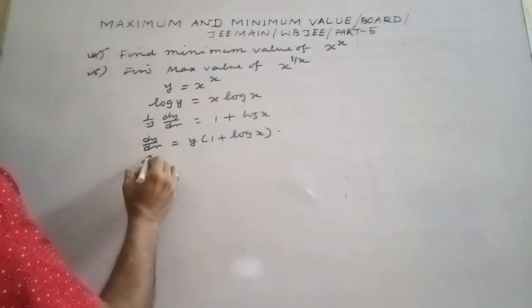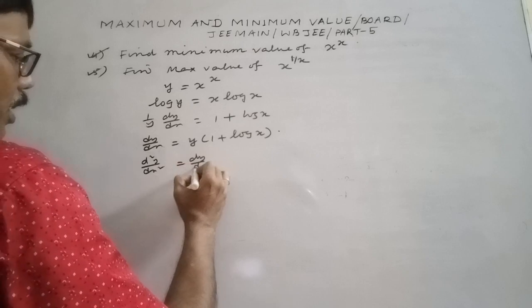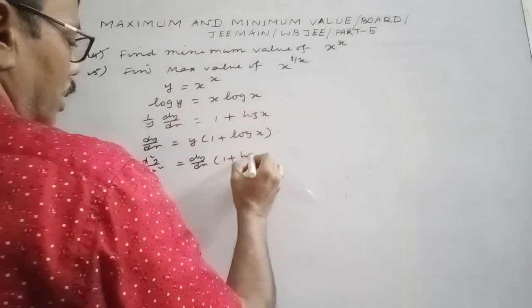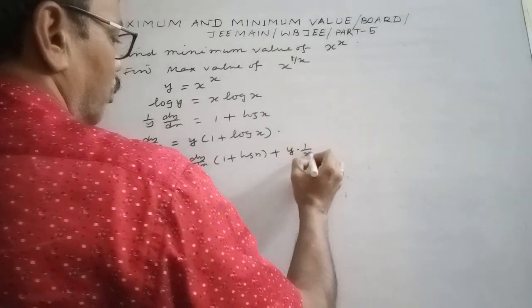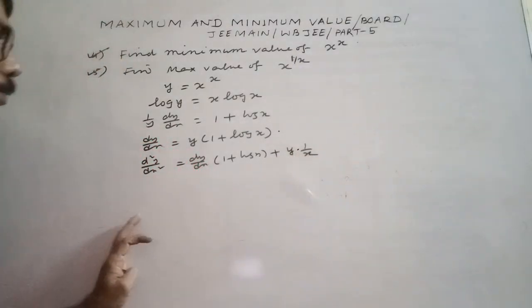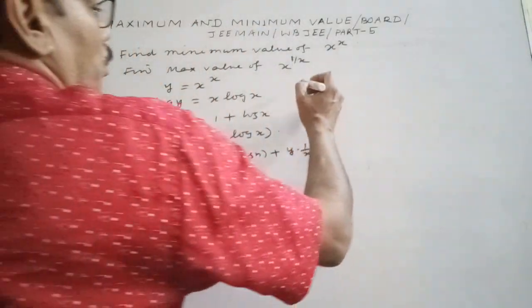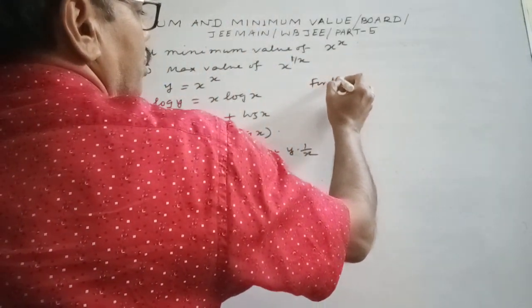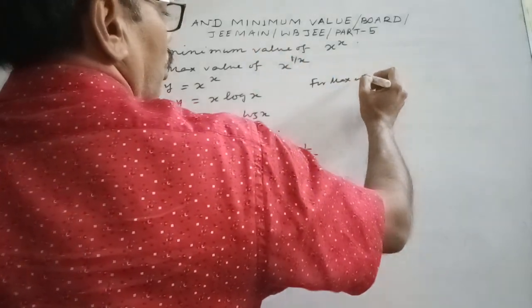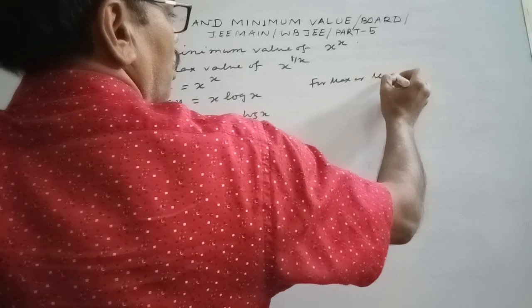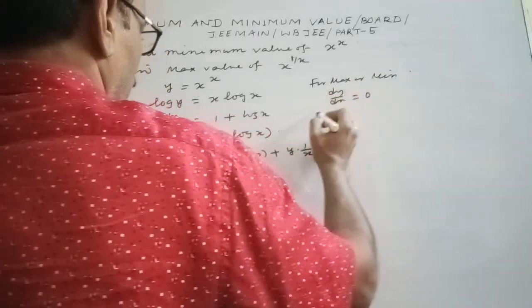Now what is d2y/dx2? So this is dy/dx into (1 plus log x) plus y into 1 by x. Now for maximum or minimum, dy/dx equals 0.